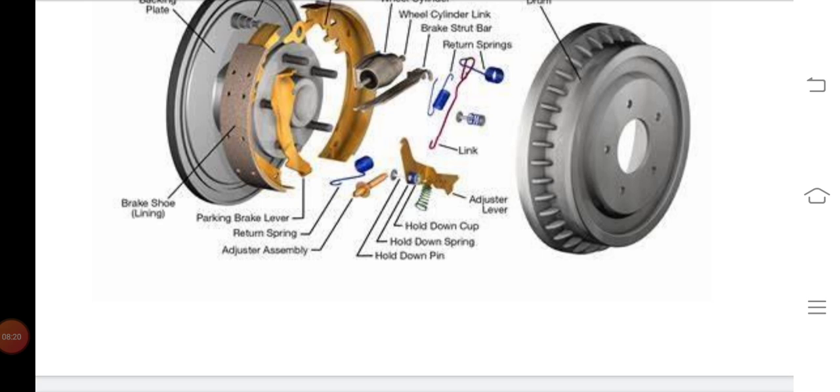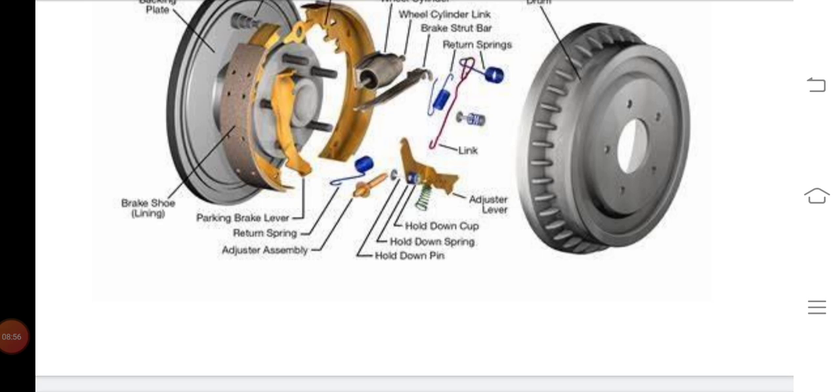The coefficient of friction of the lining: an increase in the value of mu also increases the self-servo action. Another point is the position of the shoe anchor: the movement of the anchor toward the center of the drum increases the self-servo action.